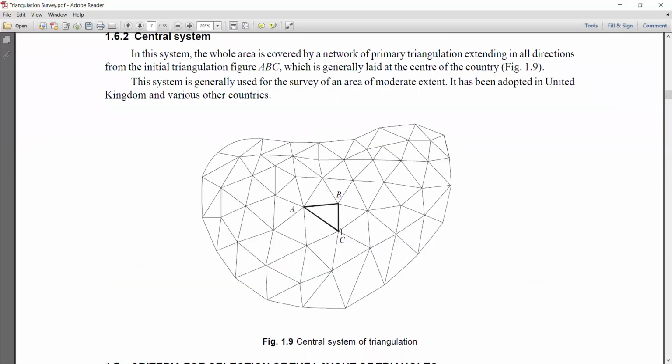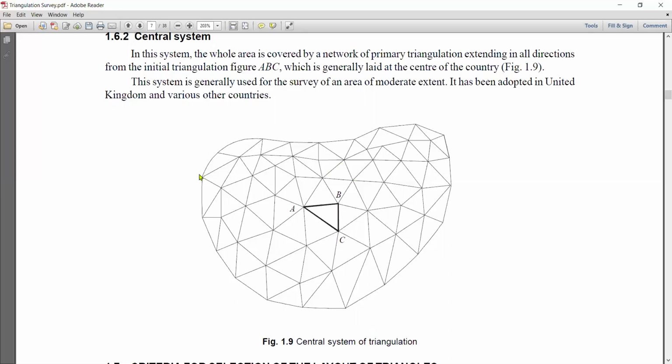It means taking the entire area, the full-fledged area, and making at the center point one triangle, and that triangle is extended into further triangles. Again, at the meeting point or corner point, it extends into further triangles. Usually these extensions are considered part of the primary triangulation system.